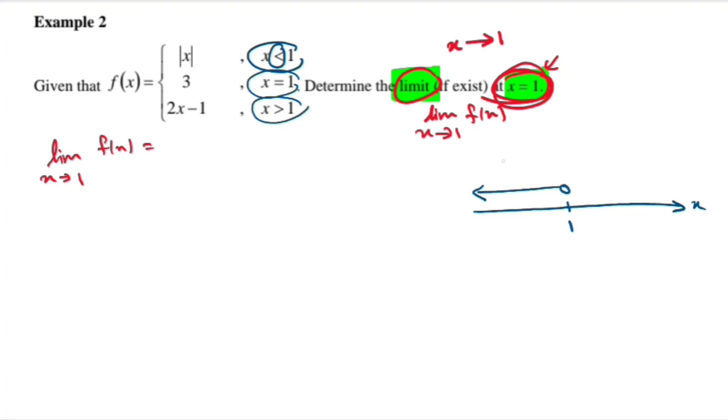And then we have the modulus of x. The next function is exactly at 1, so it's a dense circle. The function value there is 3. The last one is an empty circle at 1, and then moves to the right of 1. The function is 2x minus 1.